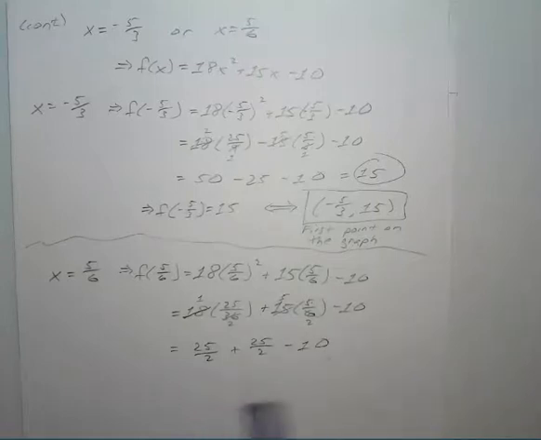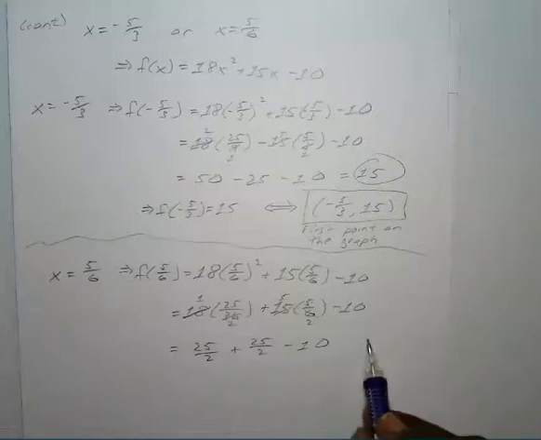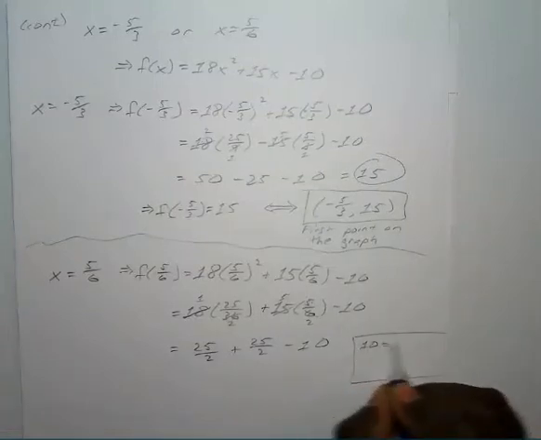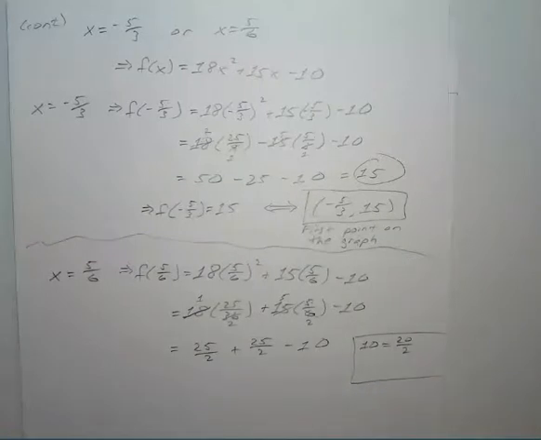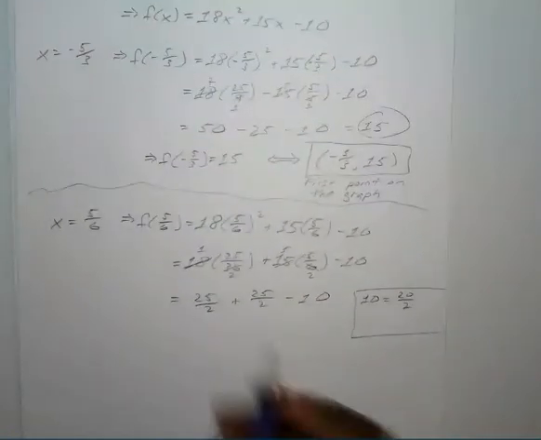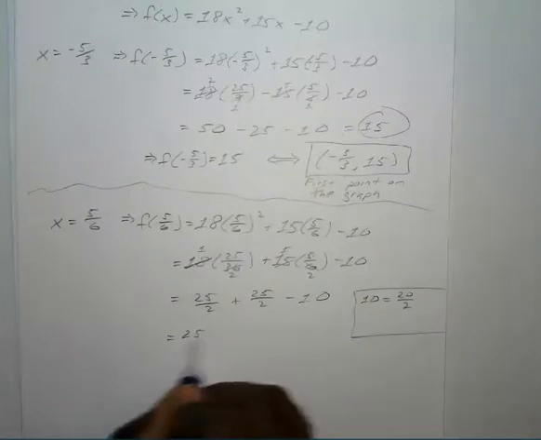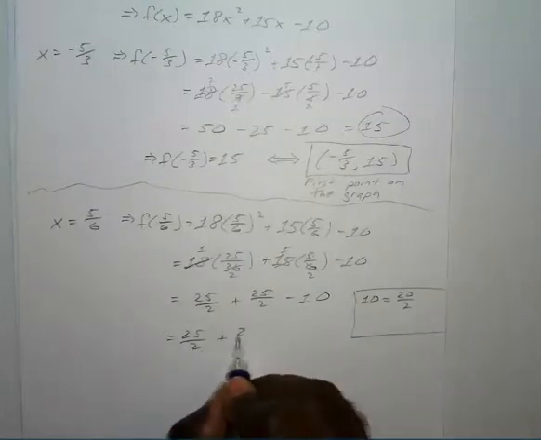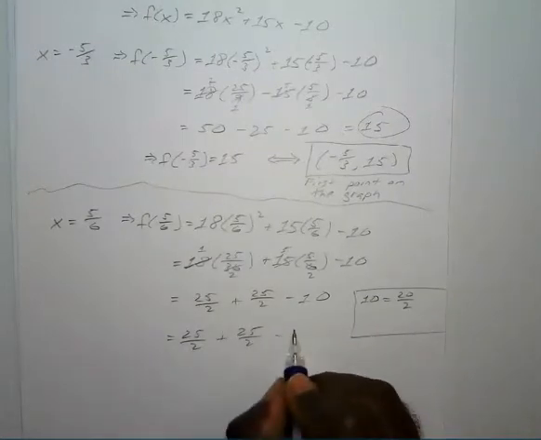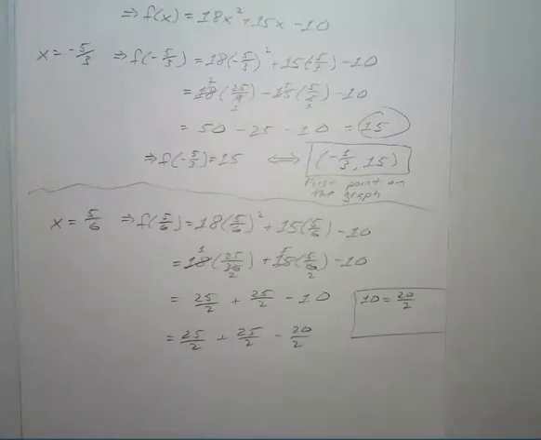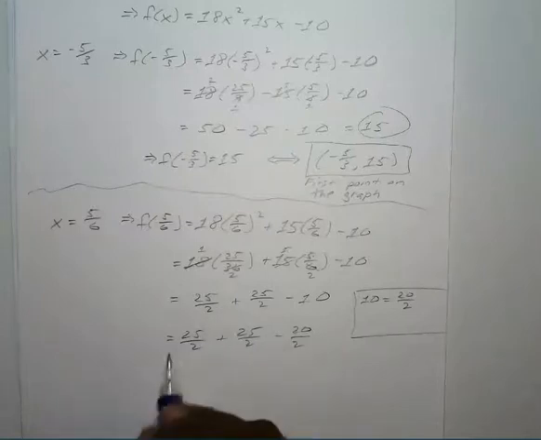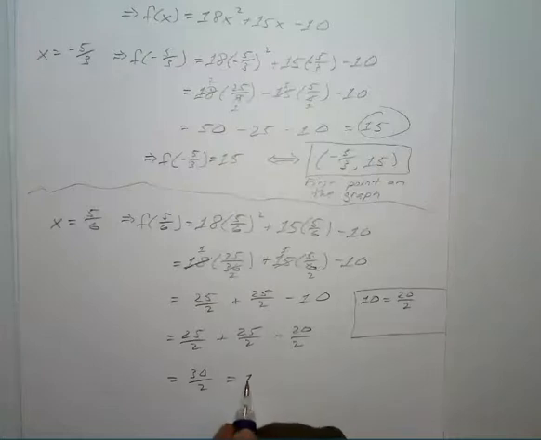Okay, now if we want to go ahead and do all of our subtracting, we have to get like denominators. So we know that 10 is equal to 20 divided by 2. So that's 25 divided by 2 plus 25 divided by 2 minus 20 divided by 2. 25 plus 25 is 50. 50 minus 20 is 30. That's going to be 30 divided by 2, which is 15.